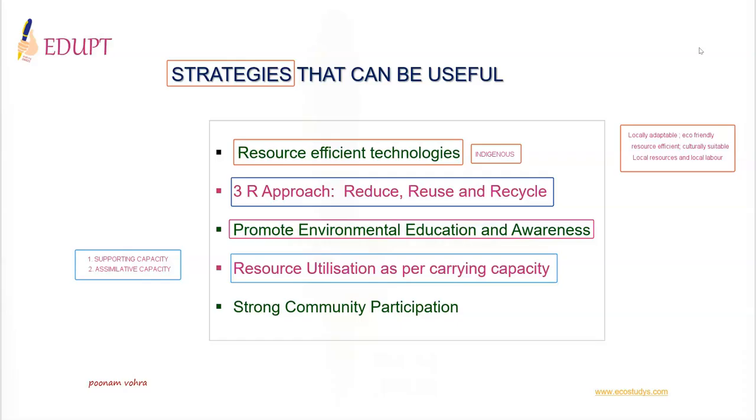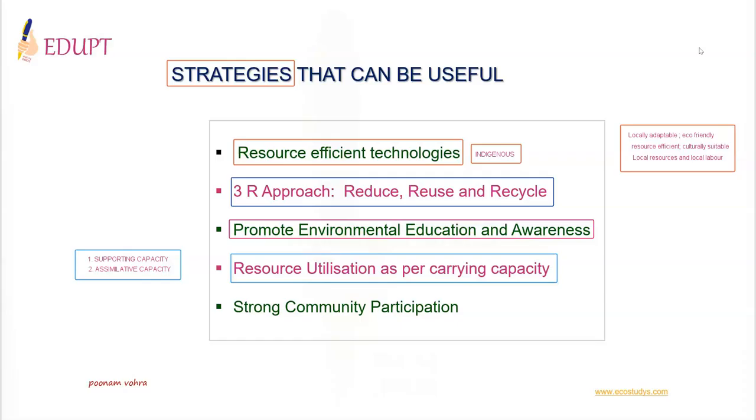So in order to attain sustainability, it is important to utilize the resources based upon these two properties. Consumption should not exceed regeneration and changes should not be allowed to occur beyond the tolerance capacity of the system.